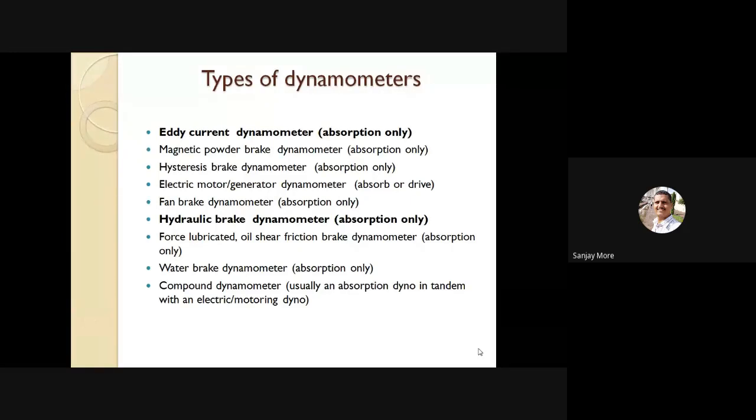Then hydraulic brake dynamometer. Then force lubricated, oil shear friction brake dynamometer.